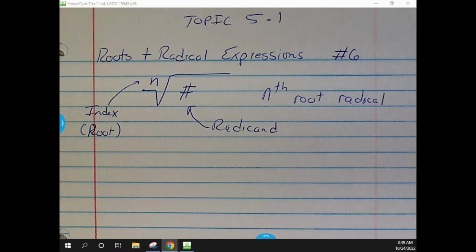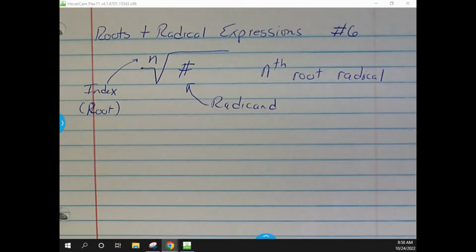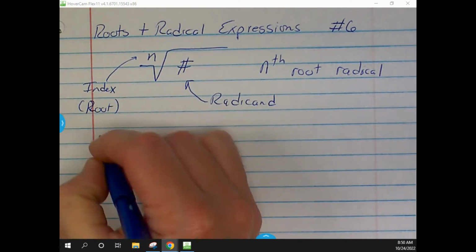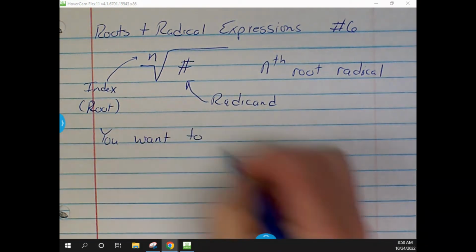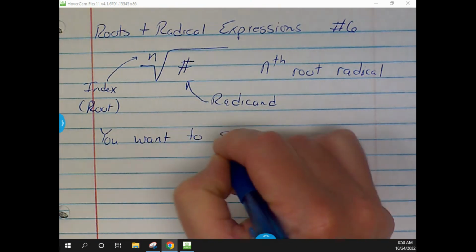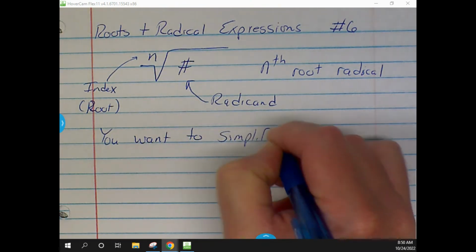All right, and the big thing we're going to do, when we've got all the roots set up, is simplify the radicand as much as possible.